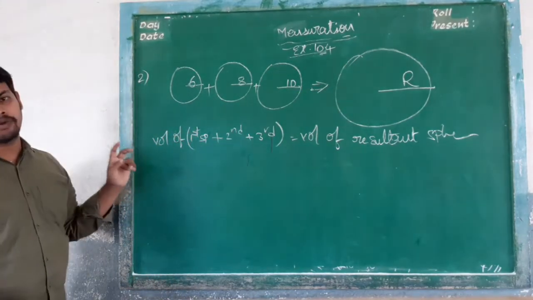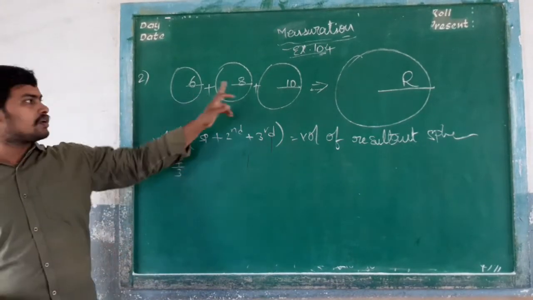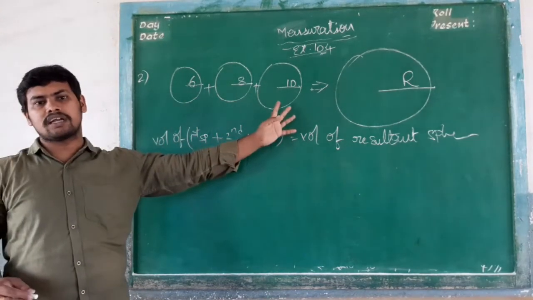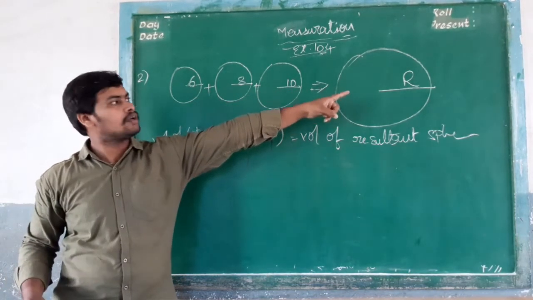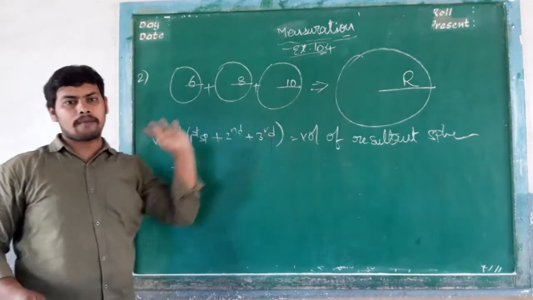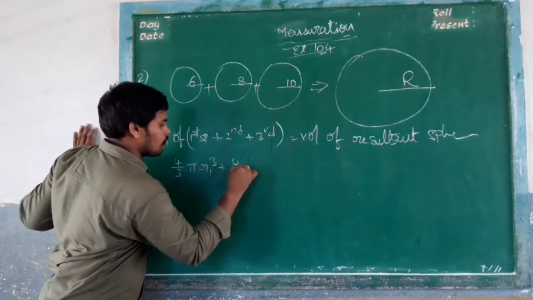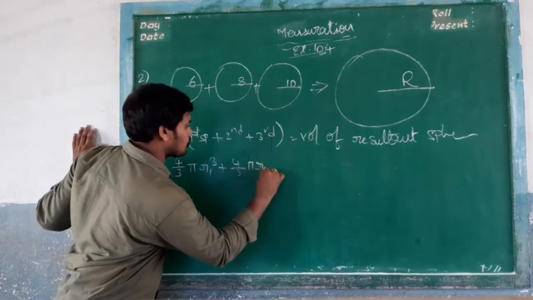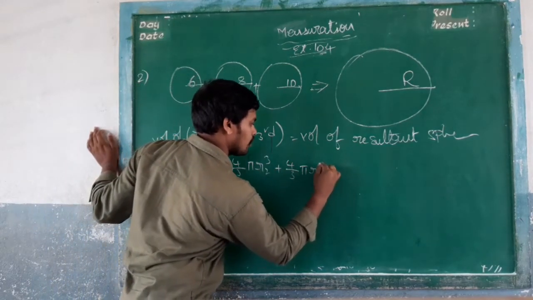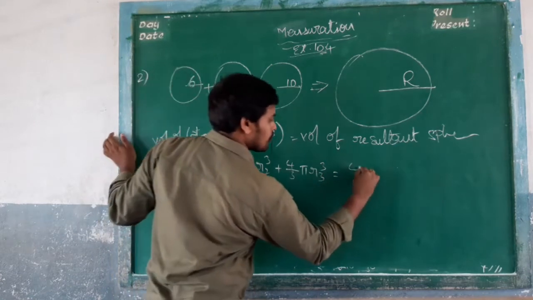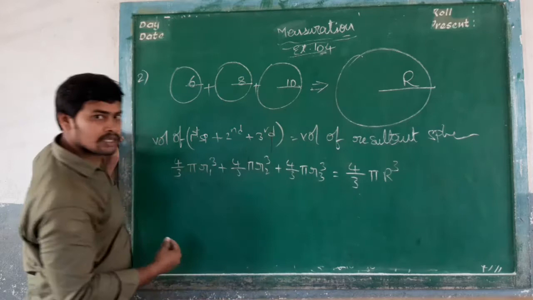We have to find the value of R. The volume of the sphere formula is 4 by 3 pi r cube. The radii of these three spheres are different: R1, R2 and R3, and the resultant sphere's radius is capital R. So 4 by 3 pi R1 cube plus 4 by 3 pi R2 cube plus 4 by 3 pi R3 cube equals 4 by 3 pi R cube.